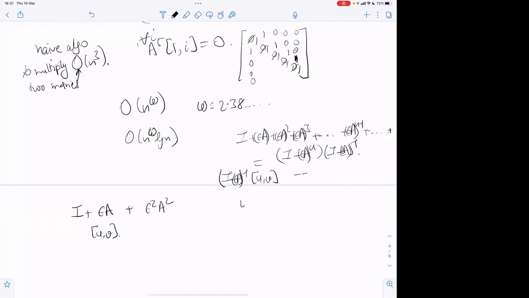A squared tells you that there is a path from U to V: from U to W, and W to V. Then A squared UV counts the number of W's such that (U, W) and (W, V) belong to E. That would be the coefficient of A squared UV. Is that true? Sure, sir. Yeah, makes sense.